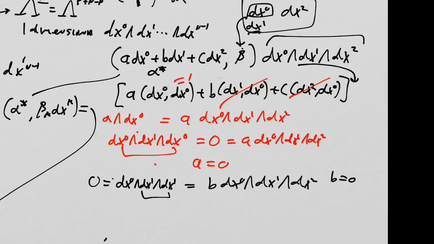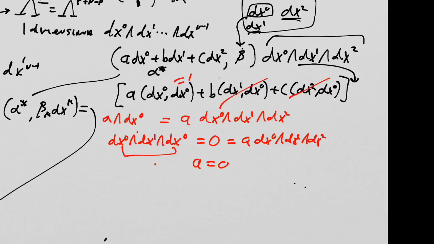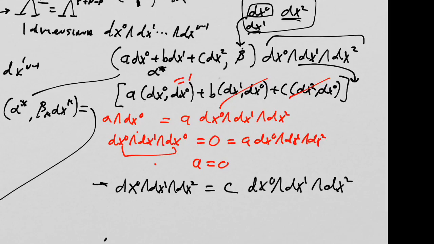All right, so which leaves me to dx2, right? And now I will just erase this so I can keep writing on the same slide because I've forced myself into a corner. And with dx2, we're going to get, on the left-hand side, dx0 wedge dx1 wedge dx2. Well, that's good because that one is not 0, and that's going to equal C times dx0 wedge dx1 wedge dx2, like that.